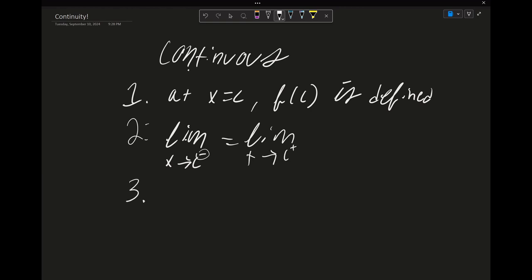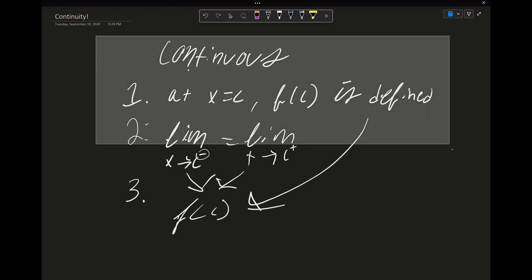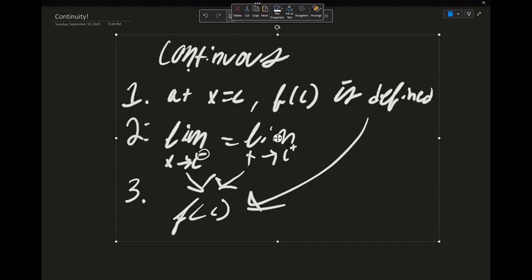And the third and final rule is that these two values here are equal to that value of f of c that we defined in the first part. So those are the three main rules to decide if something is continuous or not.